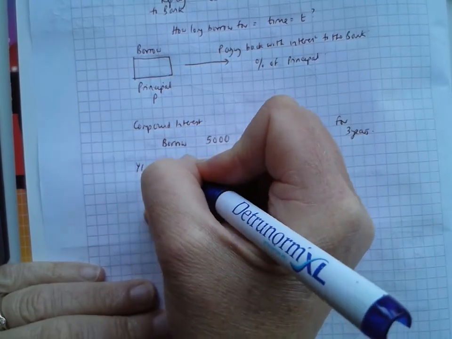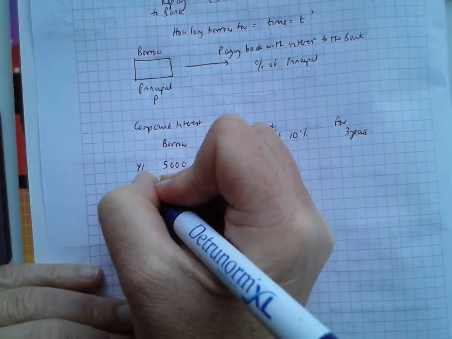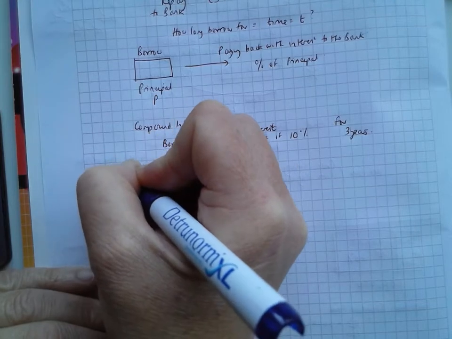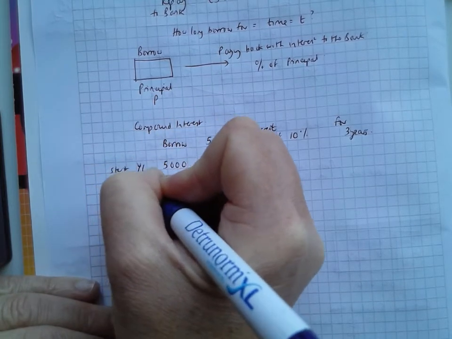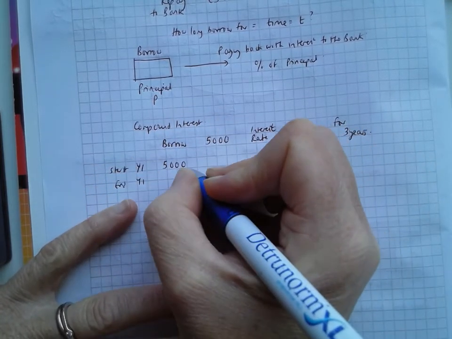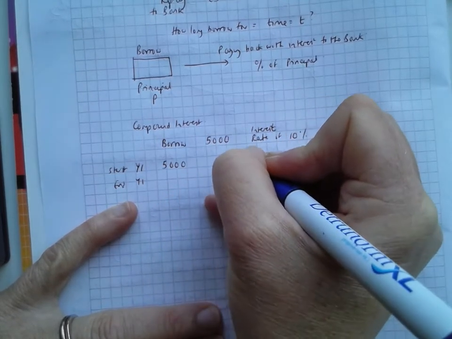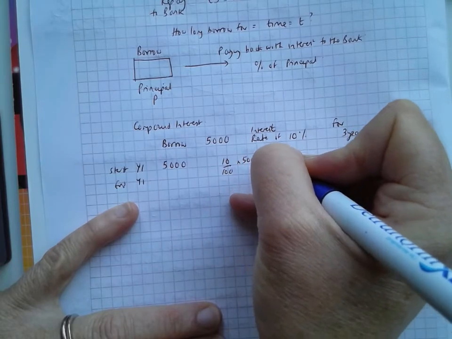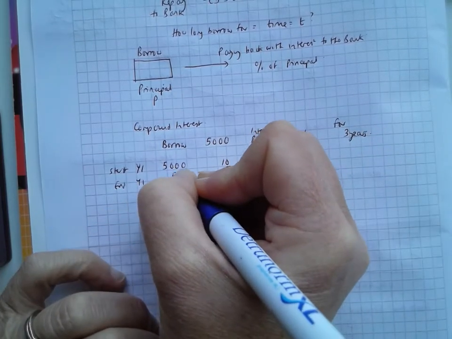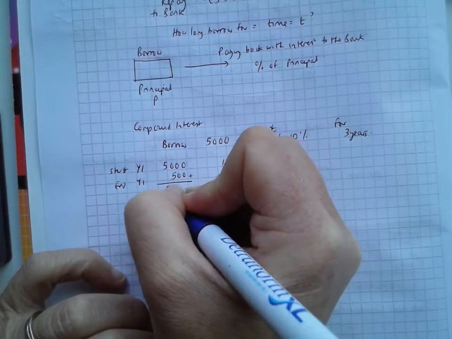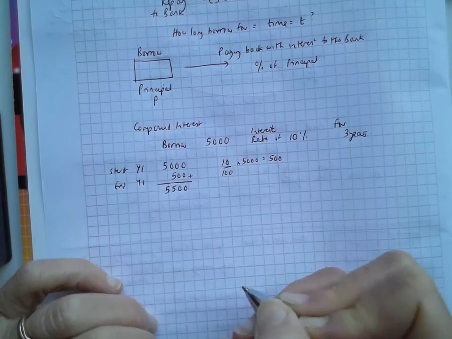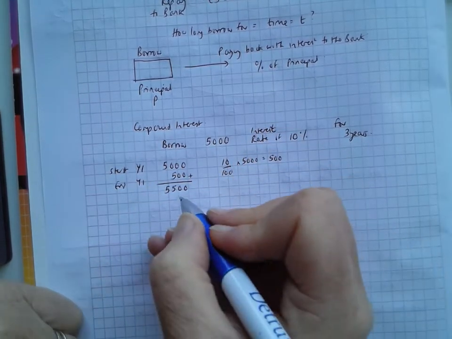At the start of year one you borrowed €5,000. At the end of year 1, you have to pay an extra 10% of 5,000, which is €500, so adding on 500.